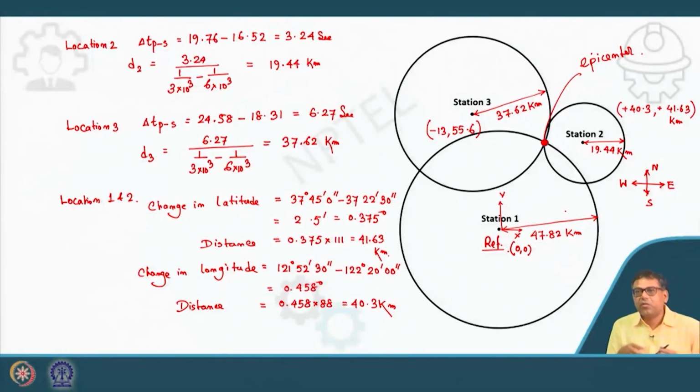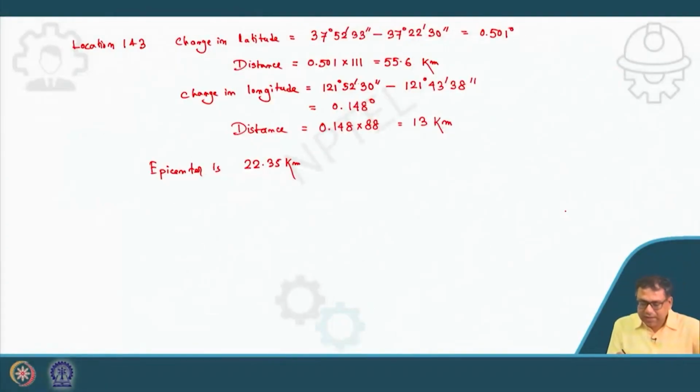Suppose it is drawn at 1:1000 scale, then if you measure it, multiply with 1000, you will get the actual distance in kilometer. Or if you draw it at 1:100, whatever scale you consider, convert it to actual distance. So then actual distance is 22.35 kilometer, towards east.